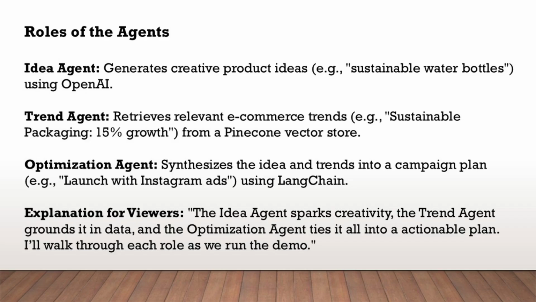The trend agent retrieves relevant e-commerce trends, for example sustainable packaging with 15% growth, from a Pinecone vector store. The optimization agent synthesizes the ideas and trends into a campaign plan, for example launching with Instagram ads using LangChain. So what we would like to present for the viewers is that the idea agent sparks creativity, the trend agent grounds it in data, and the optimization agent ties it all into an actionable plan. I'll walk through each role as we run the demo.